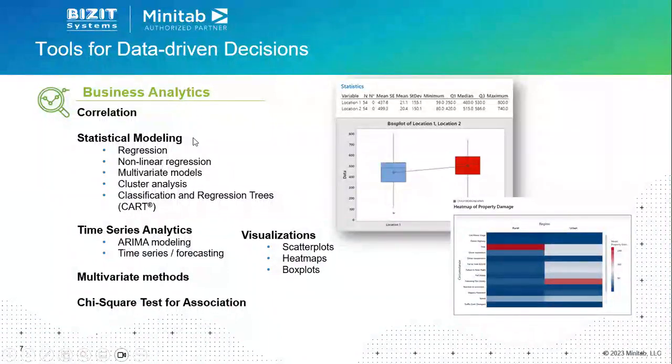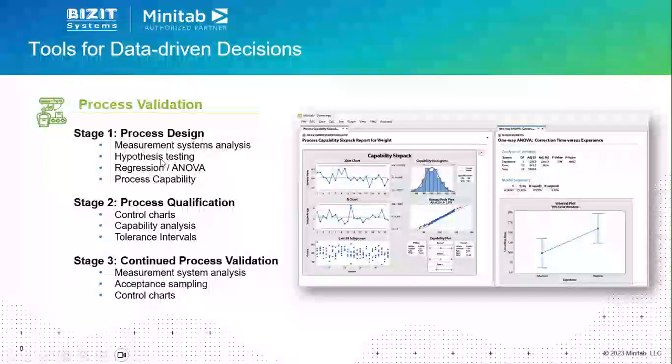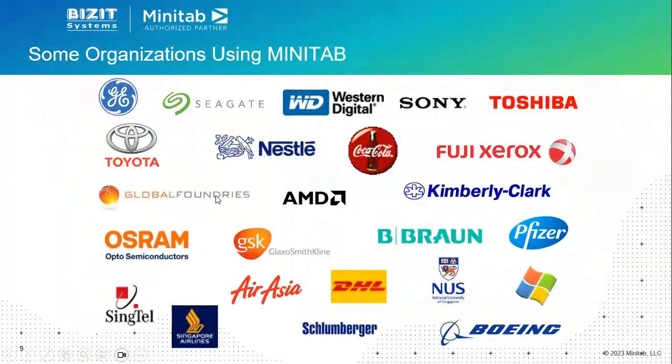Okay, so let's say you do not have experimental data but you have historical data, you are able to use statistical modeling to do the prediction. And then we have tools for process validation. All the tools are available in Minitab. Since we have a complete toolset for analysis, our customers come from various sectors, including manufacturing, academia, services, and so on.